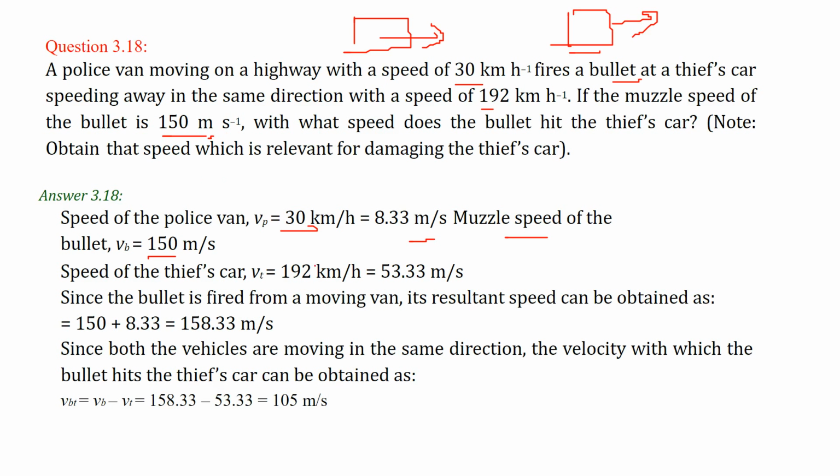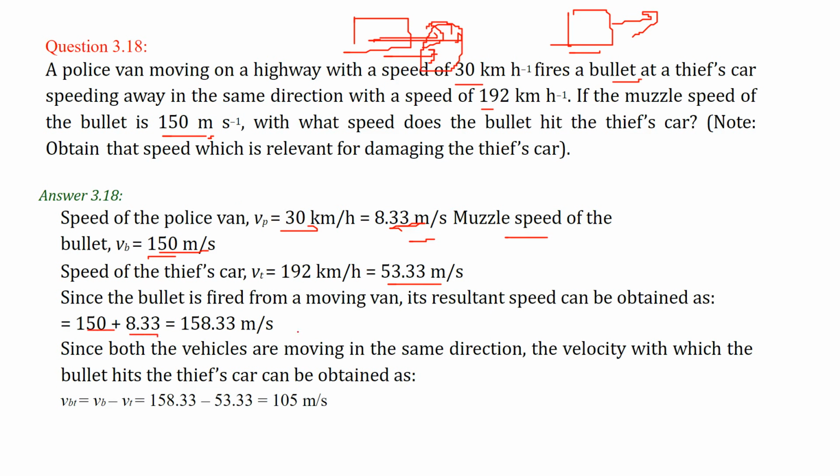It is already given. The speed of the thief's car is 192 km per hour multiplied by 5/18, you get 53.3. Now, since the revolver is inside the police van, this policeman is already moving with a velocity of 8.33, and the muzzle velocity is 150. So this velocity will add up.